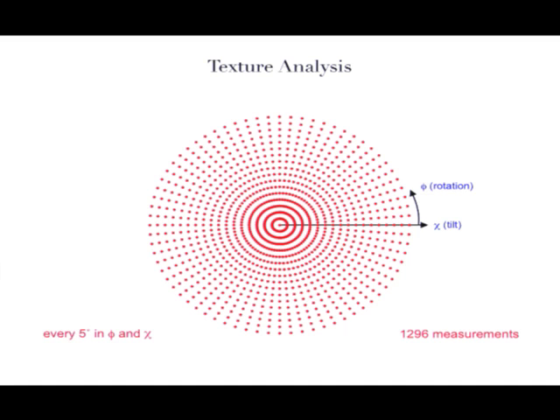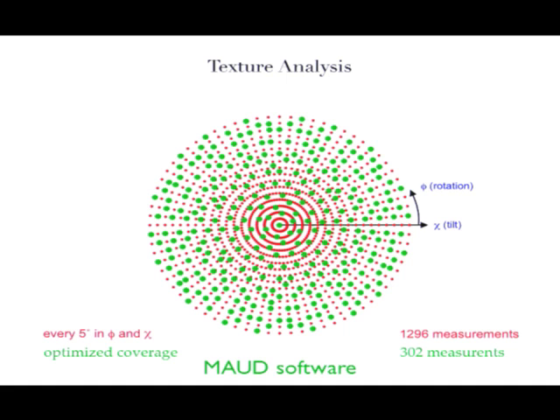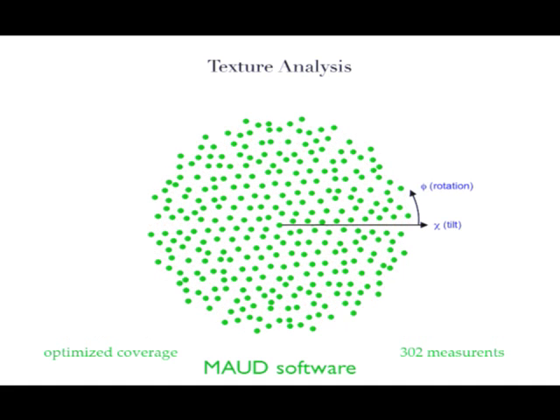This was a requirement because the programs couldn't deal with other distributions of the orientation. But in the MOUT program, which we are now using, you can have an optimized coverage, and you can get away with only 300 measurements.